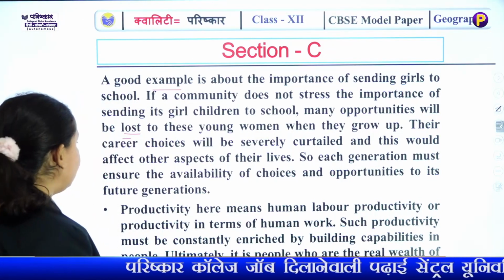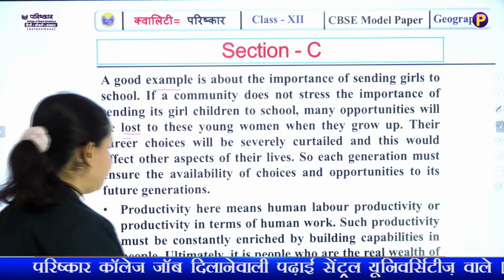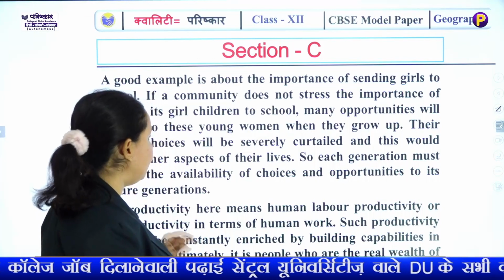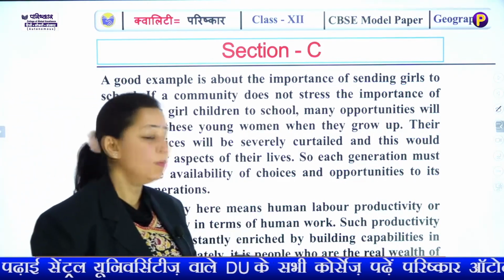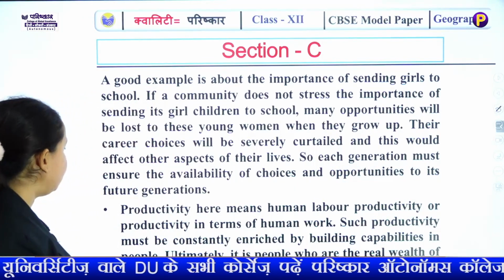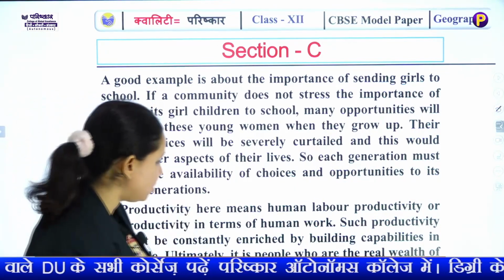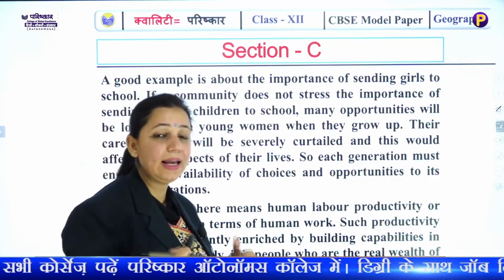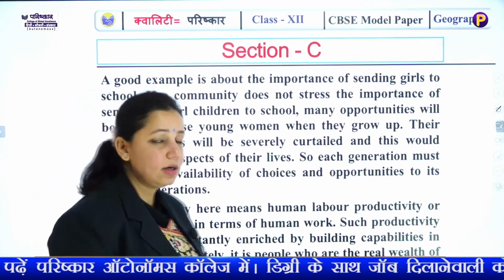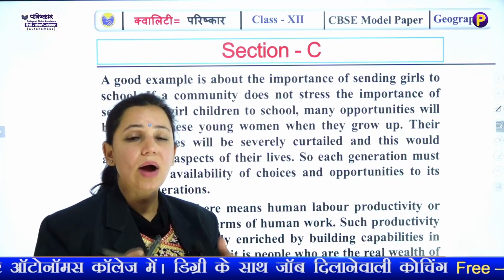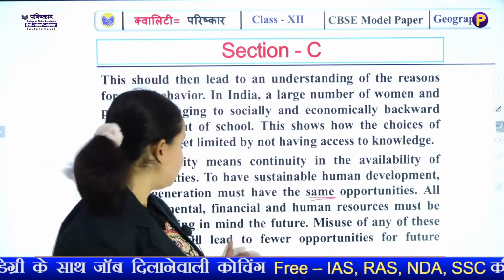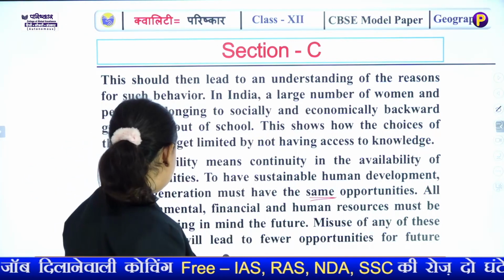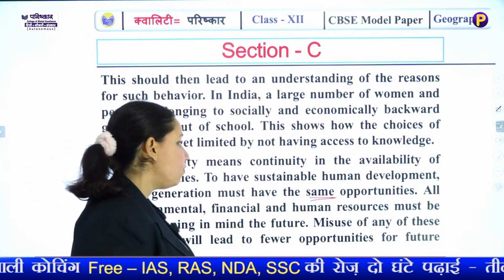Now the next pillar is productivity. Productivity means human labor productivity, or productivity in terms of human work. Such productivity must be constantly enriched and enhanced by building capabilities. A well-developed society tries to increase the capability of its existing human resources. Misuse of any resources will lead to fewer opportunities.